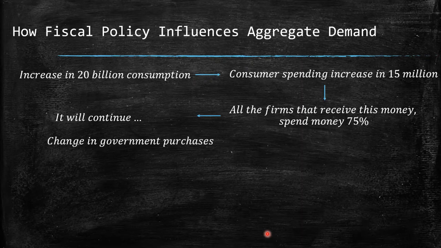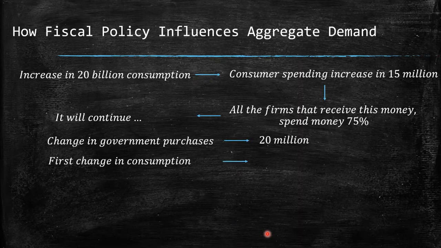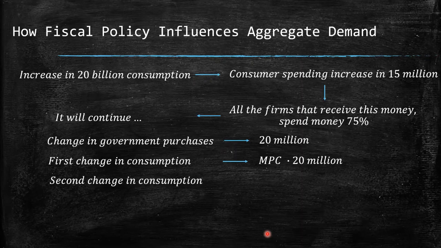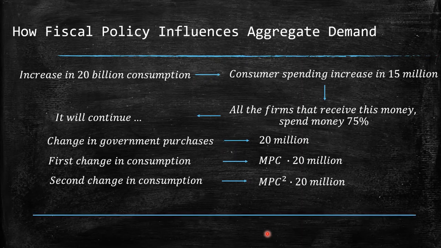So this change in government purchases of 20 million gives a first change in consumption of the marginal propensity to consume times 20 million. The second change is this value again multiplied by the MPC, so MPC squared times 20 million.